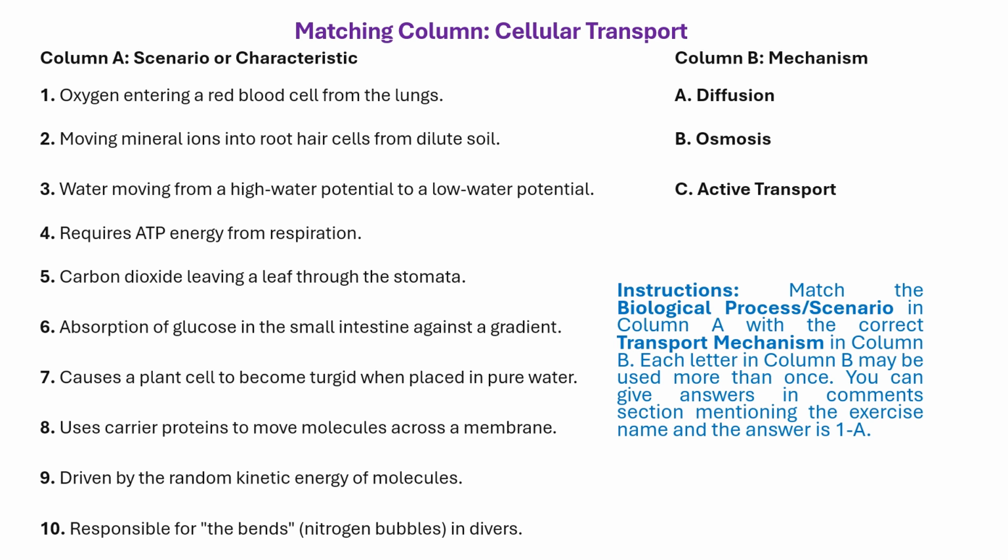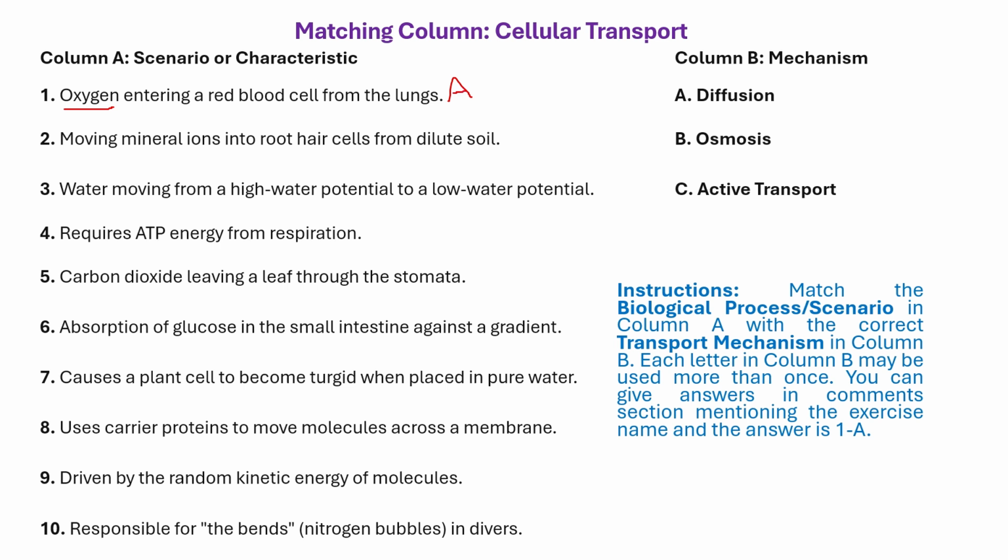Through this you can easily assess to what extent you have understood these three processes, which are diffusion, osmosis, and active transport. The first one is oxygen entering a red blood cell from the lungs. What is the process? This I also explained in the previous MCQs. The answer is diffusion, that is A.